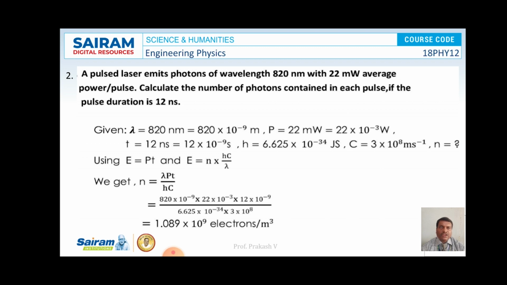Here the value of n is calculated as lambda pt by hc. This is the formula. Substitute the values of lambda, p, t, h and c. On simplification we get the value of n as 1.089 into 10 to the power 9. So this is the value of n for this problem.